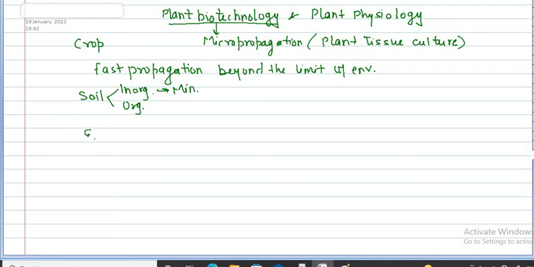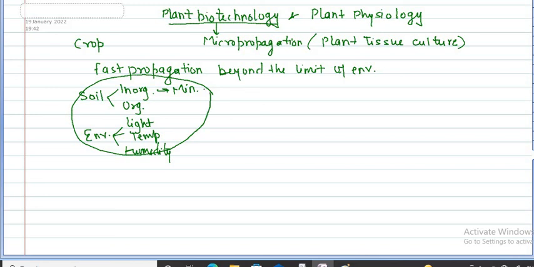We need environment, and environment includes many things like light, temperature, humidity, etc. But micropropagation or plant tissue culture is totally independent of these things. For optimum light, temperature and humidity, we are not dependent on a particular season.